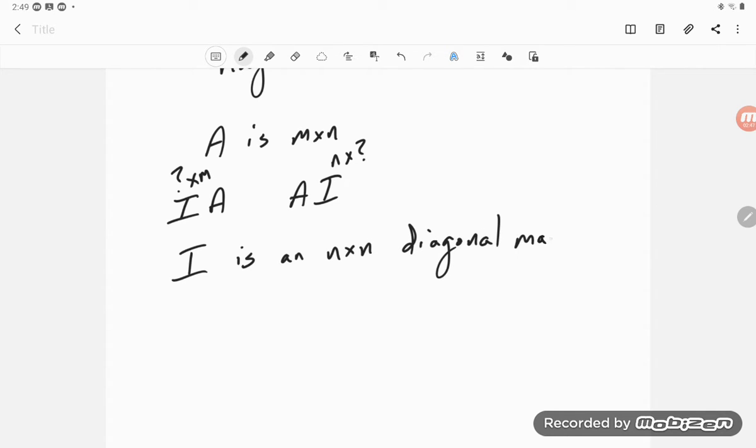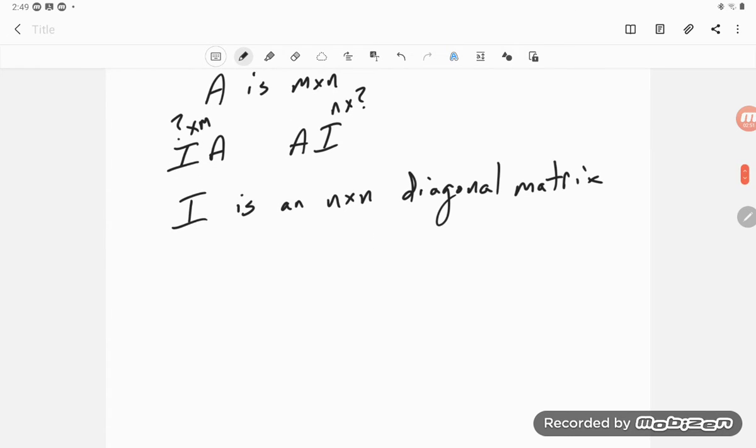Now, by diagonal, what we mean is when you look at a matrix, you might say there are a couple diagonals. Yeah, but the diagonal we talk about is from the upper left down to the lower right.